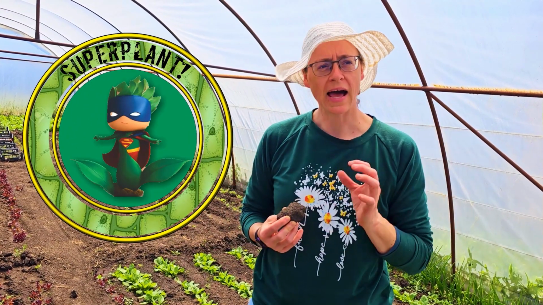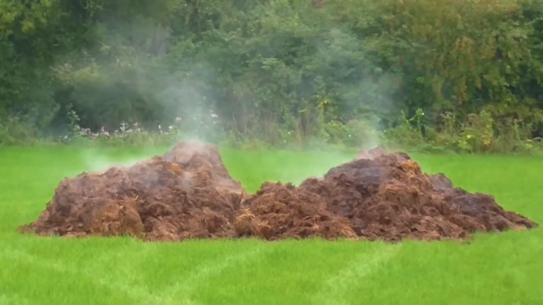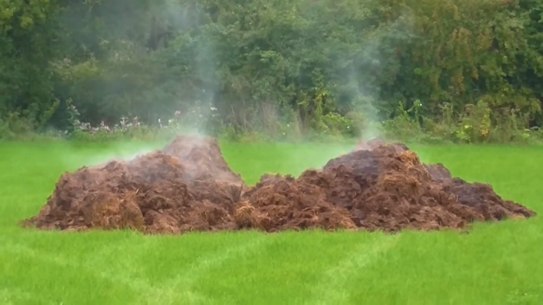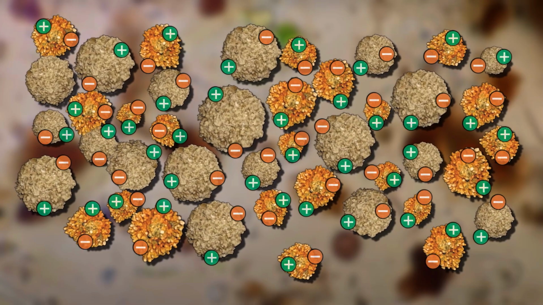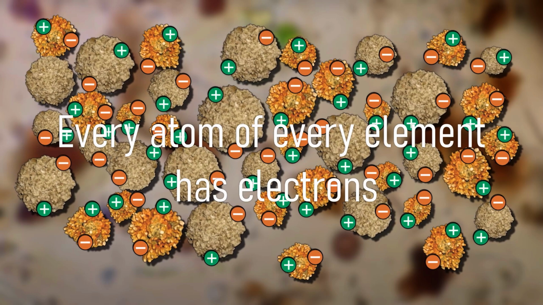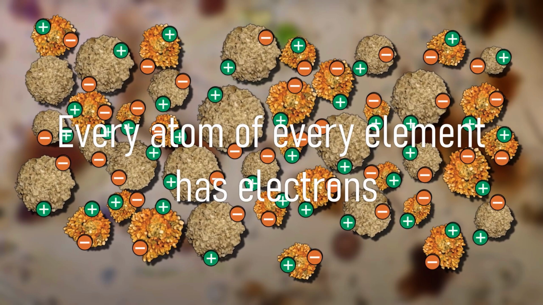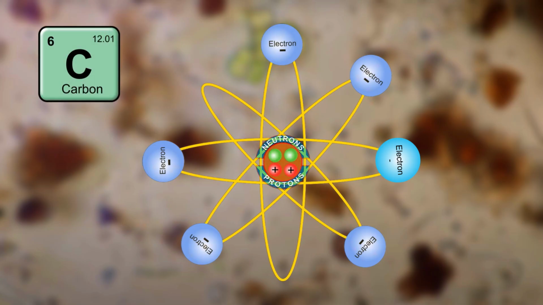But alas, there is some unfortunate chemistry. The chemical breakdown of minerals and organic matter actually results in positive and negative charges across their surfaces. You see, every atom of every element has electrons. These are negatively charged particles around the nucleus. Some have more, some have less.